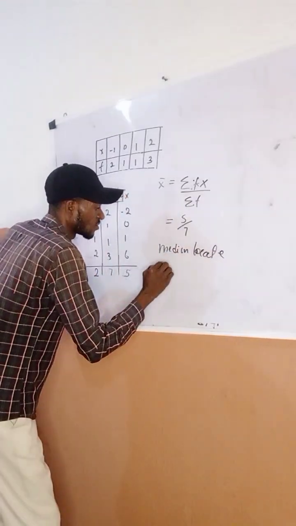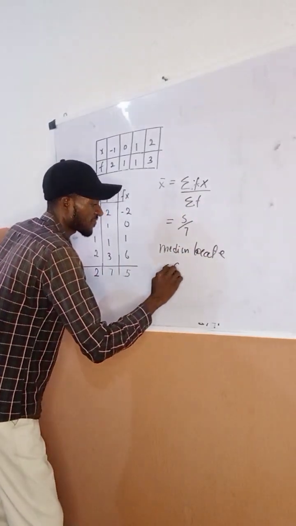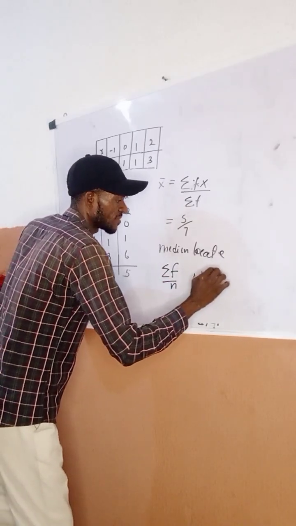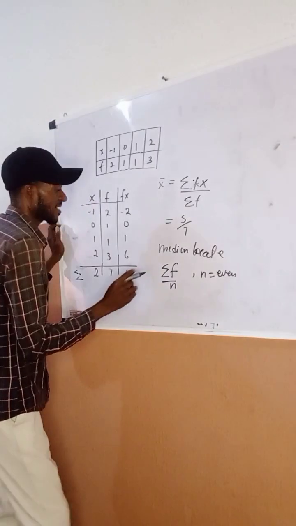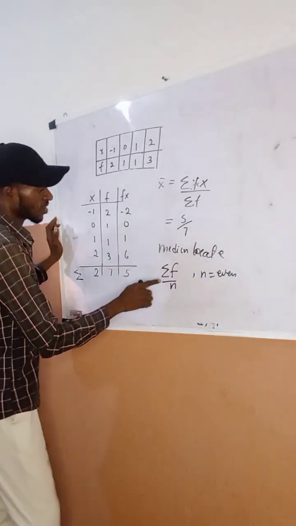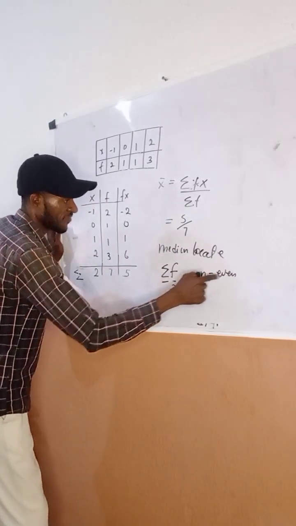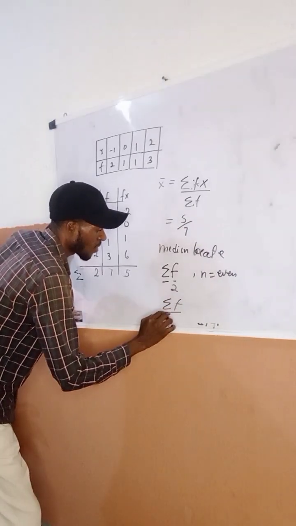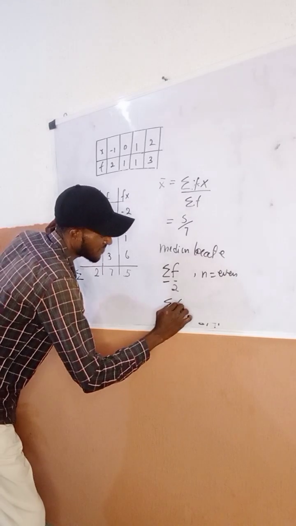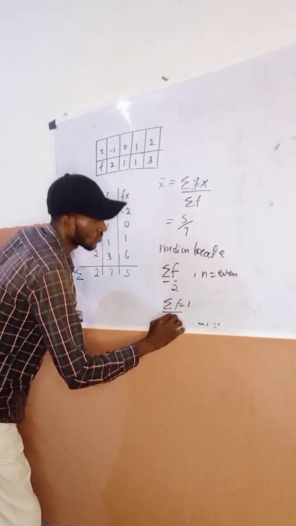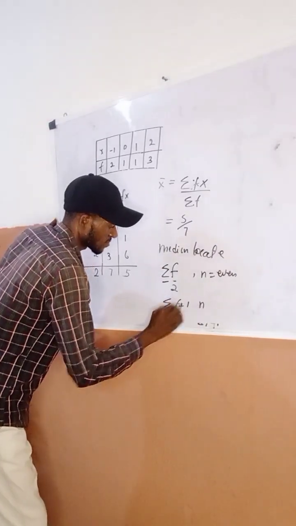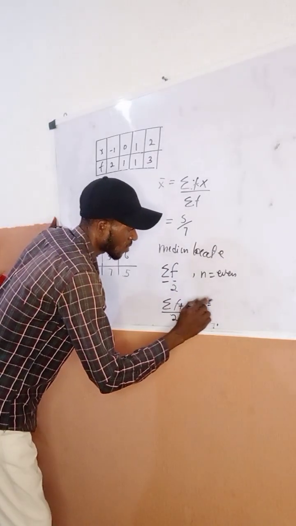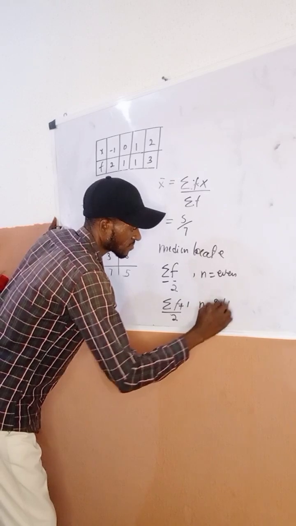The median locator is giving us summation of f over 2 if n is even, or summation of f plus 1 over 2 if n is odd.